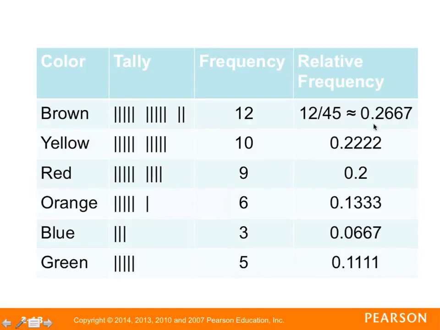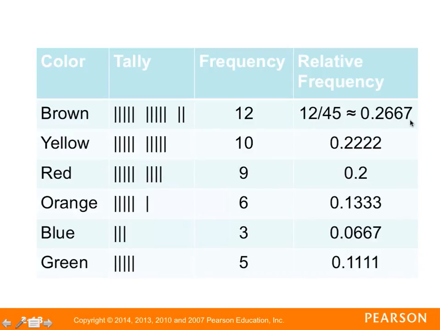So it's fine to leave it this way, or you can think of it as a percentage if that makes more sense to you. Remember, to change from a decimal to a percent, you move your decimal place over to the right 2 places. So if you wanted this to be in percentage form, you would change it to 26.67%.